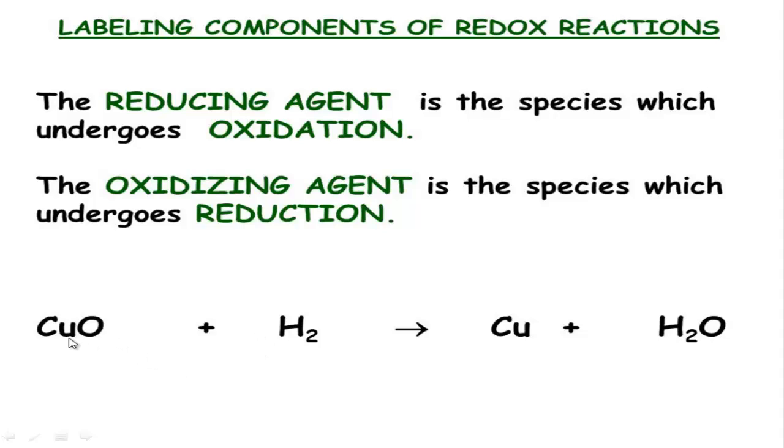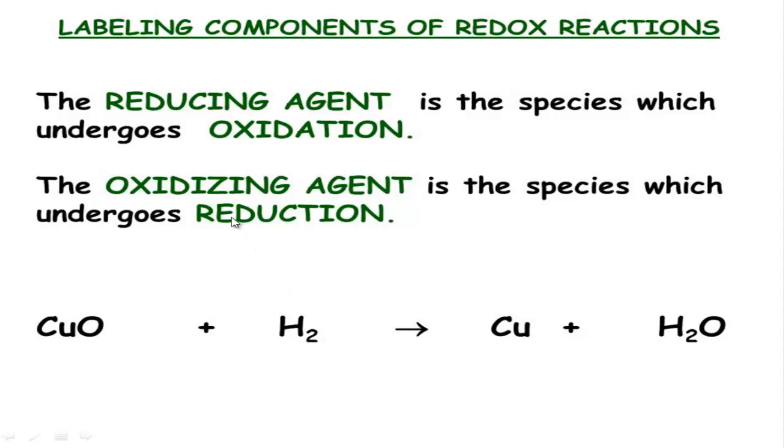That means the reactant in which oxidation occurs is helped by the other reactant, which is the oxidizing agent, and the reducing agent is the species which undergoes oxidation. For example, here hydrogen is the reducing agent, but hydrogen itself is oxidized, because when hydrogen is converted into water, this is oxidation.